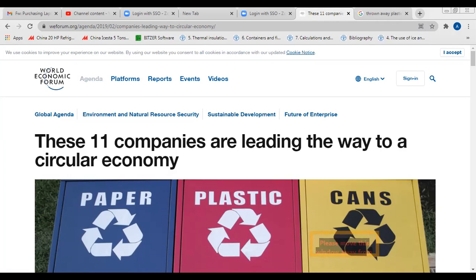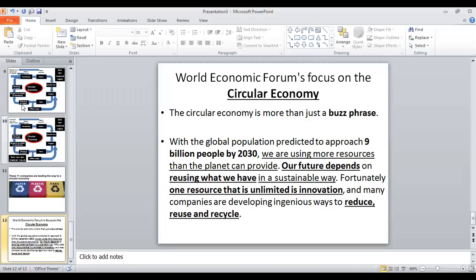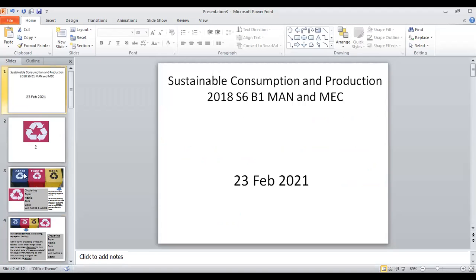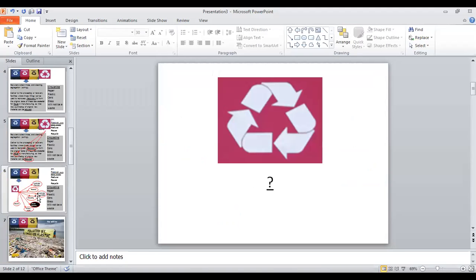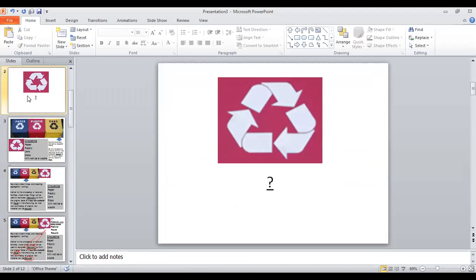So that is not very good. Okay, that is not very good. So that's why this circular economy has come as the topmost strategy.